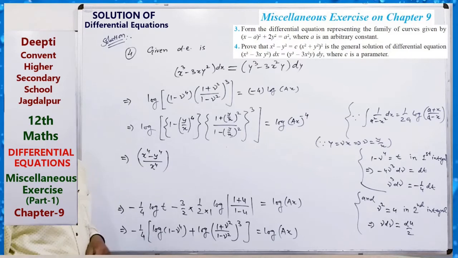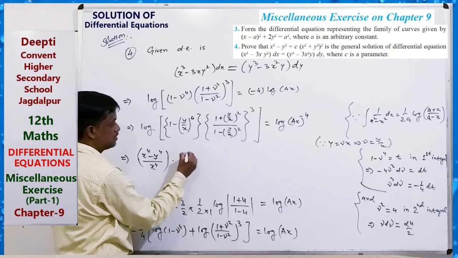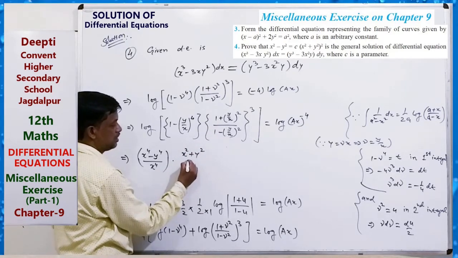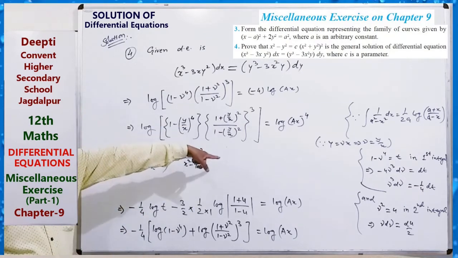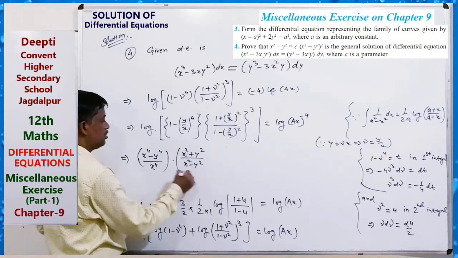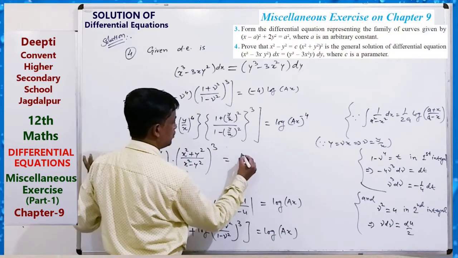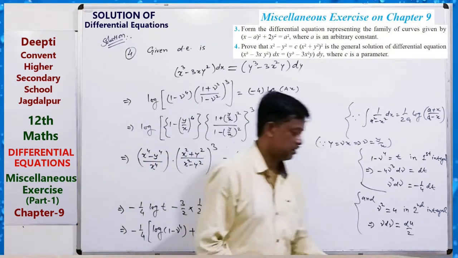Clear? First value, into here x square plus y square, x square minus y square. Denominator x square shall cancel. Power 3 equals ax power minus 4.